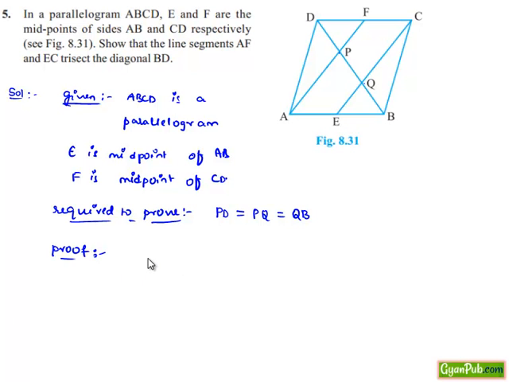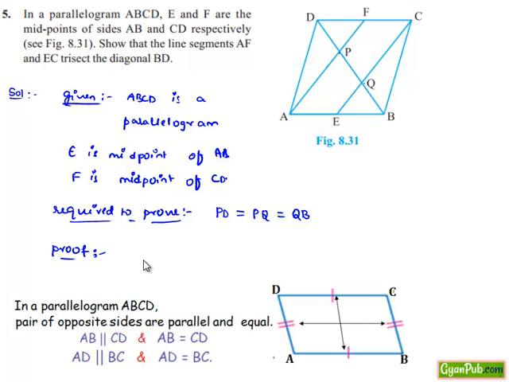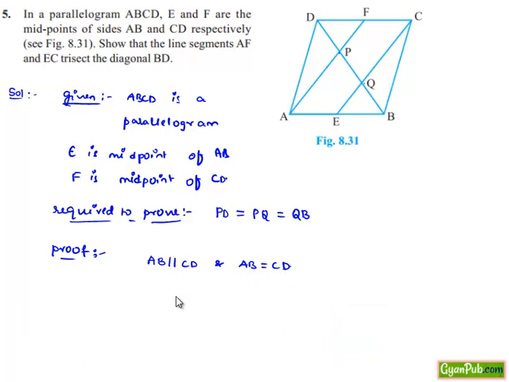That is, he has given that ABCD is a parallelogram. So we can say that AB is parallel to CD and AB is equal to CD, as in a parallelogram, opposite sides will be equal and parallel. Now let us multiply this by half. Then we get half AB is equal to half CD. If we observe the figure, he has given that F is midpoint of CD.